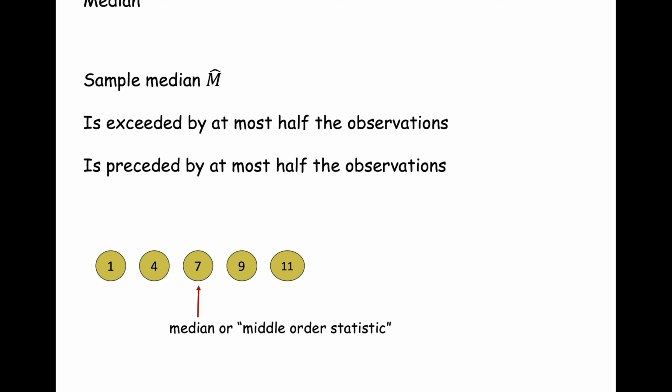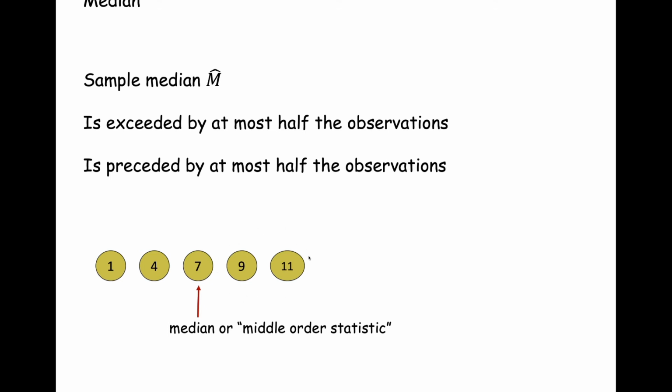So if we take this example, we have a total of 5, and we can't divide it precisely by half. 5 divided by 2 is 2.5, and this thing is preceded by at most 3. So it's preceded by 2, 1 and 4, which satisfies at most 3, and it's exceeded by at most 3.